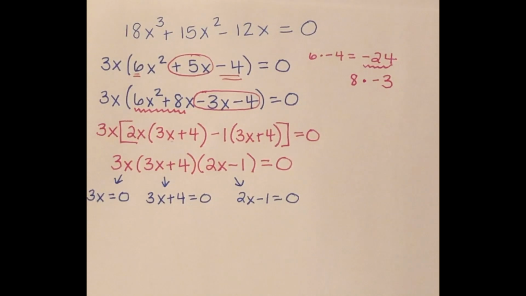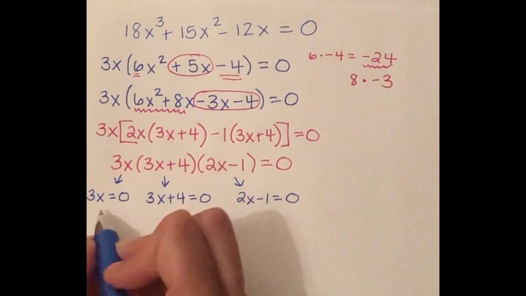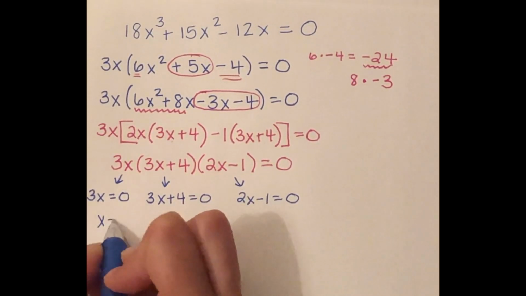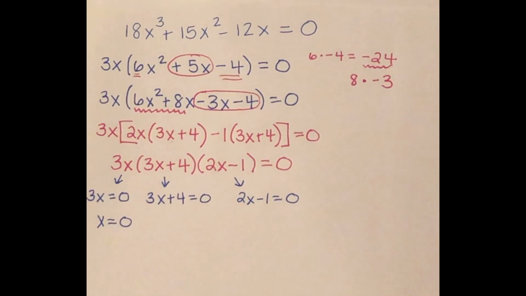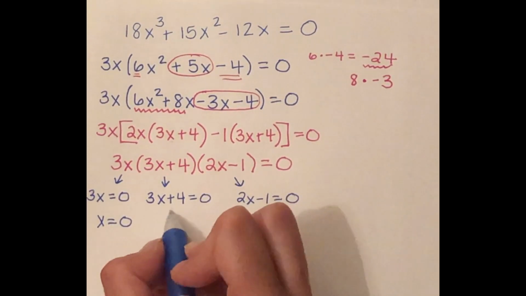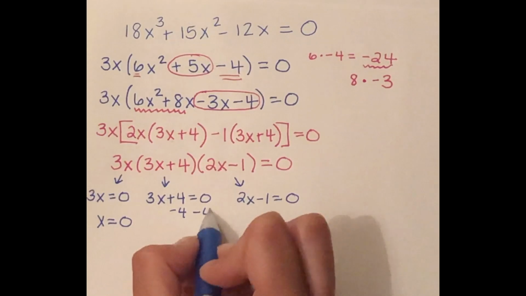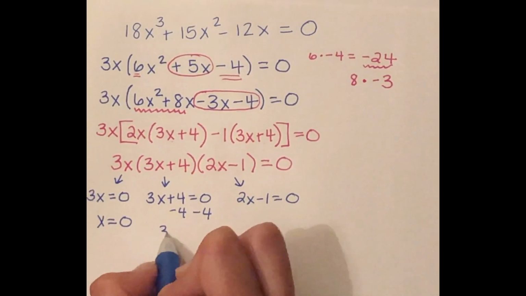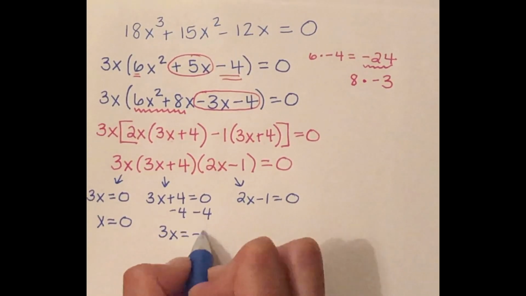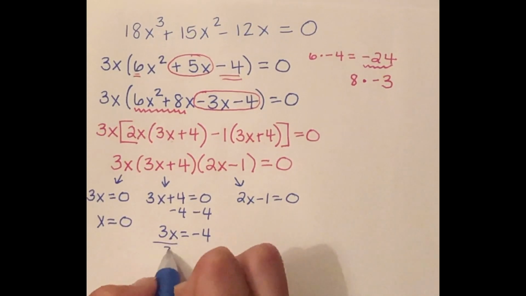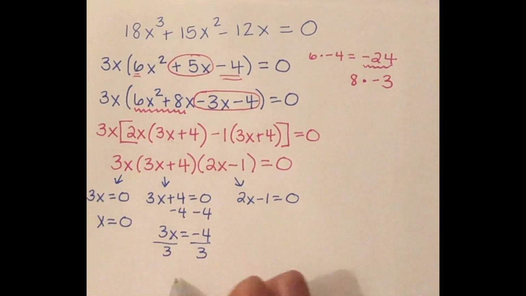Now, it's just simple solving equations. So here, we know that x is going to be 0. Here, when we solve this, we subtract 4. We end up with 3x equals negative 4. Divide both sides by 3, and we get x equals negative 4/3.